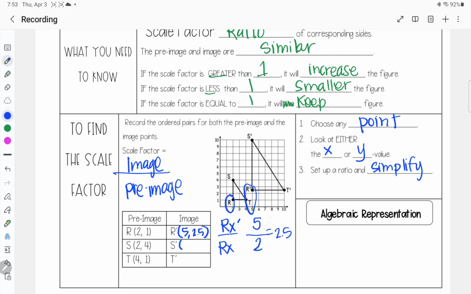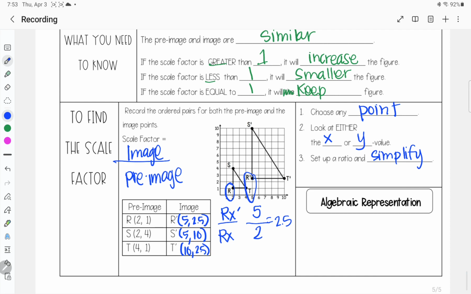S was the same thing. This one is 5 and 10. And T is at 10 and 2.5. You could do it with the y values and it would be the same thing. You could do any value, but I'm going to use S. S prime would have been 10 over my original S value, which was 4.